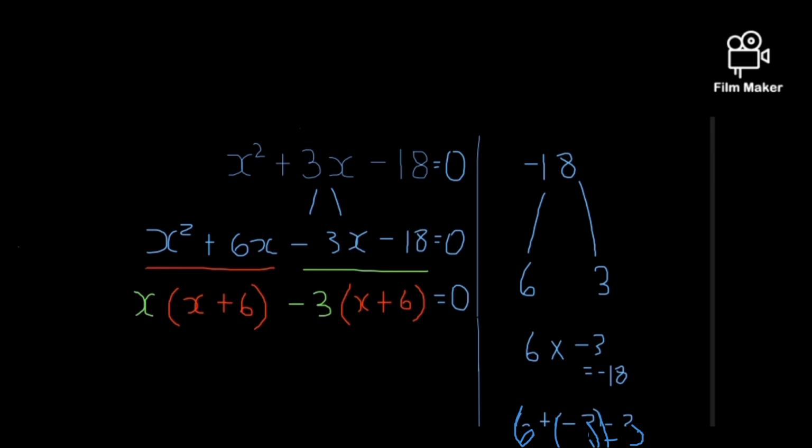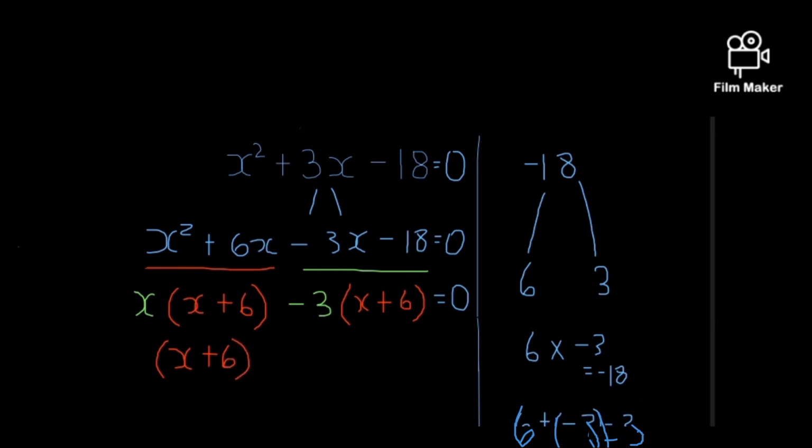Now that we have done our factoring, we will put the terms that are the same inside the bracket in one bracket here. So the x plus 6 was in one bracket. So we put all the x plus 6 terms as one set of factors here.